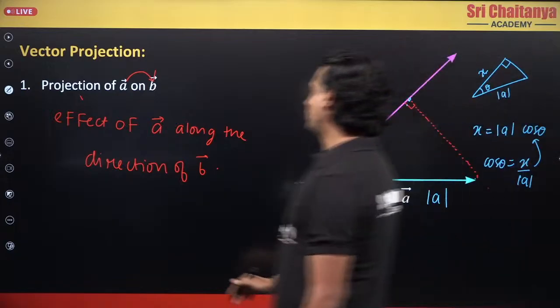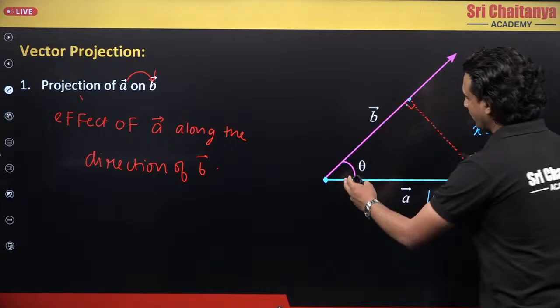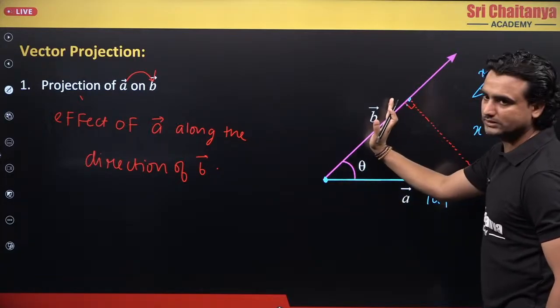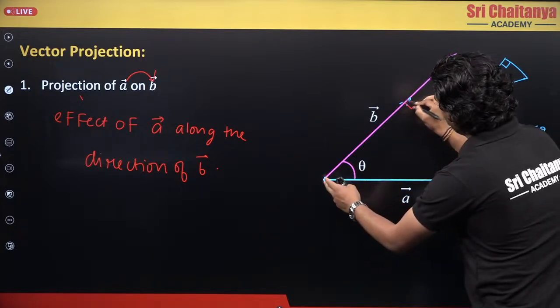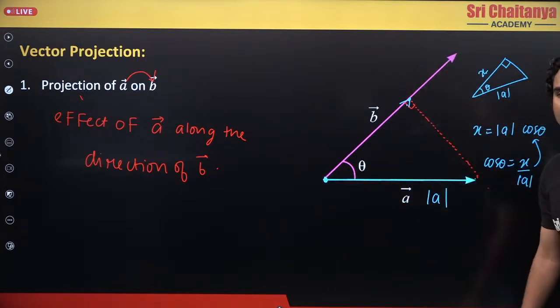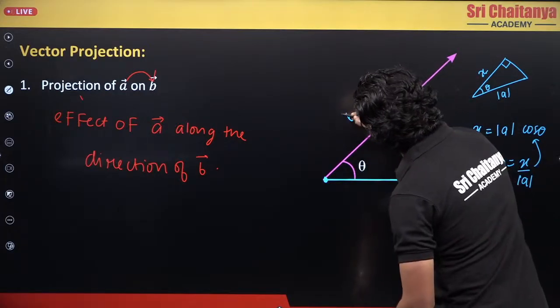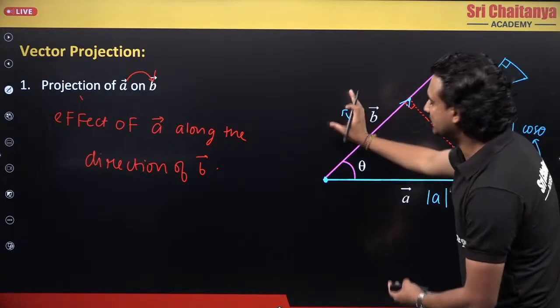So if I want to find the direction of this, how will I find it? The direction is given by a unit vector along this direction.